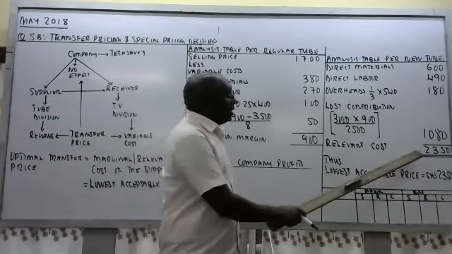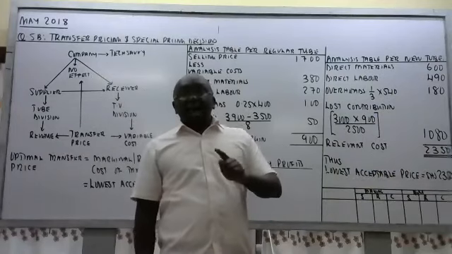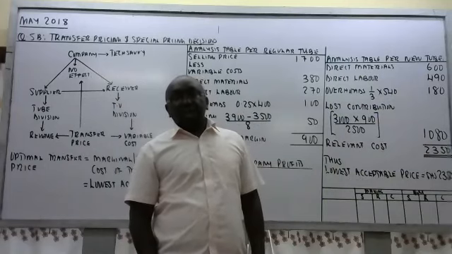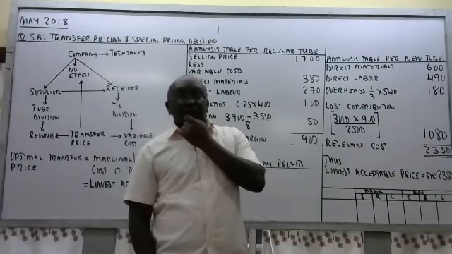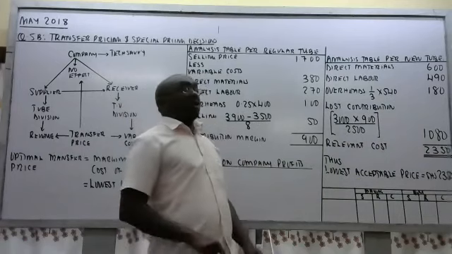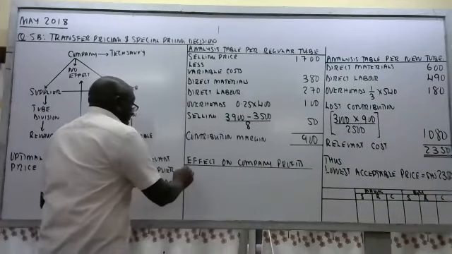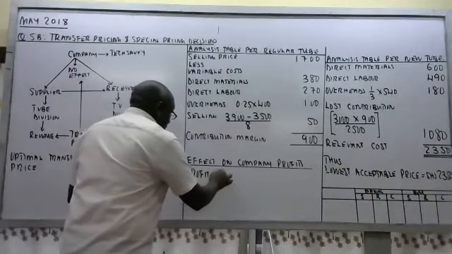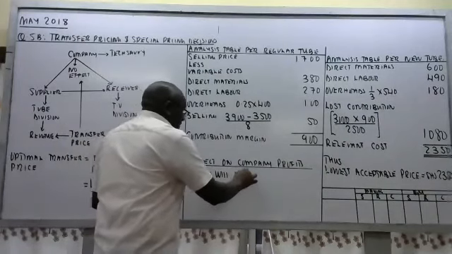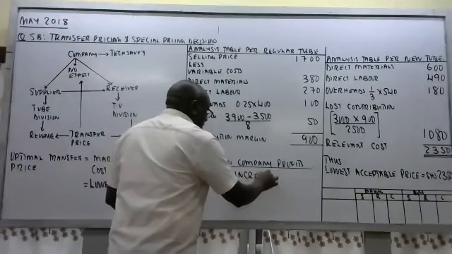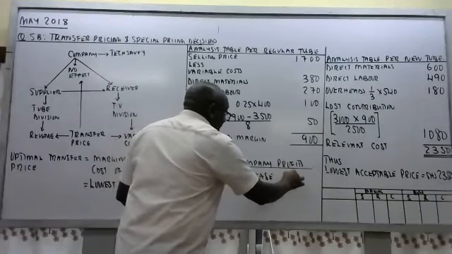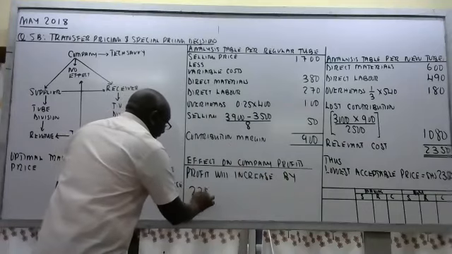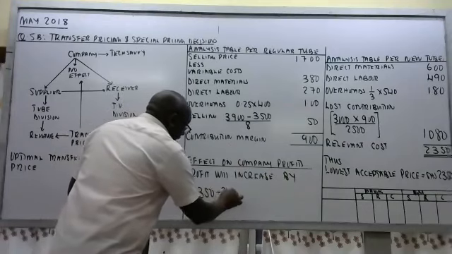But for us to make this saving, we must now pay to someone else 2,000. So the effect on our profit is that profits will increase by 2,350 minus 2,000.